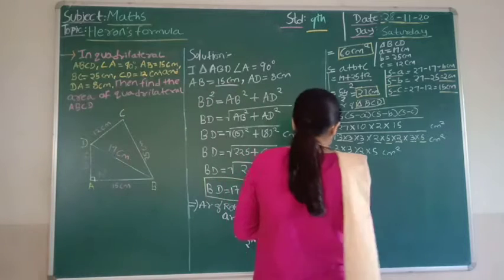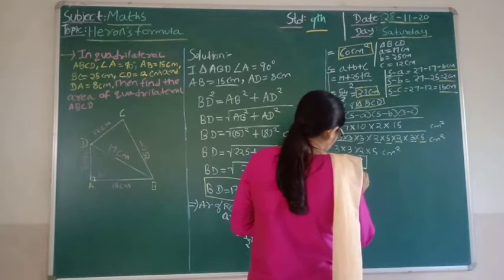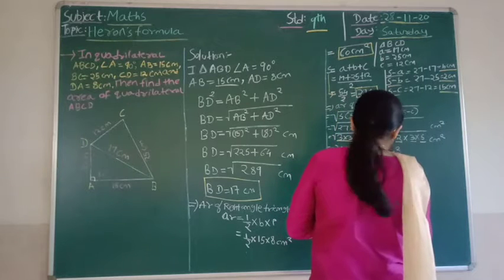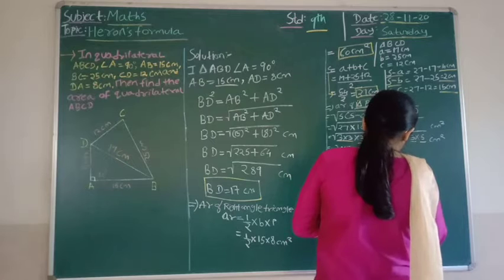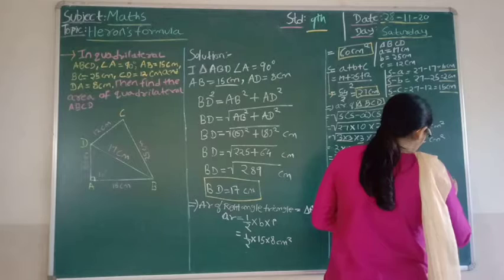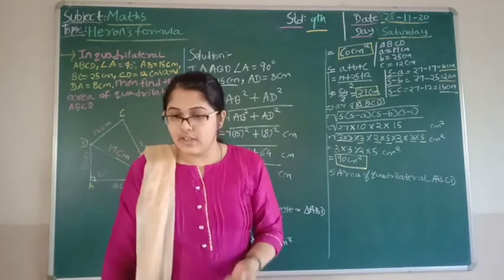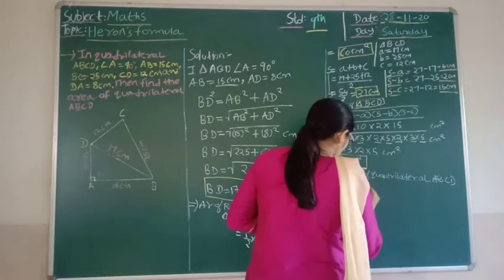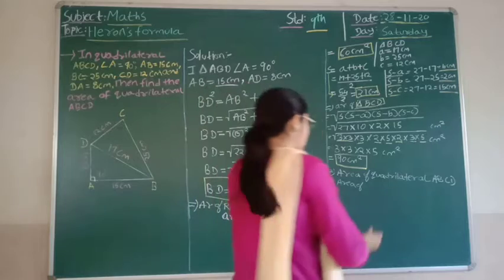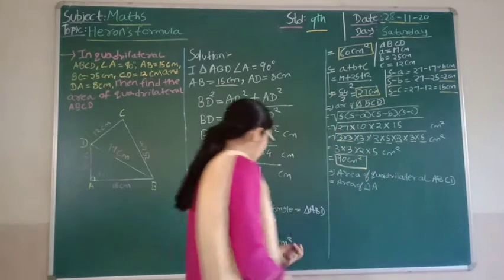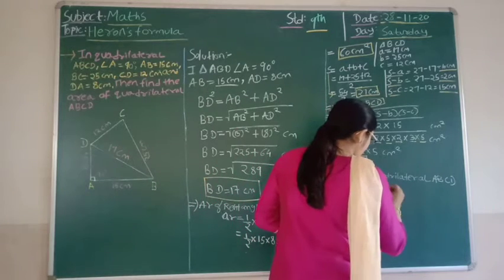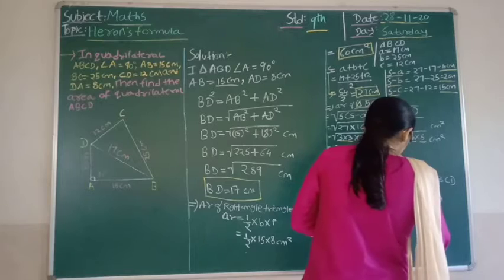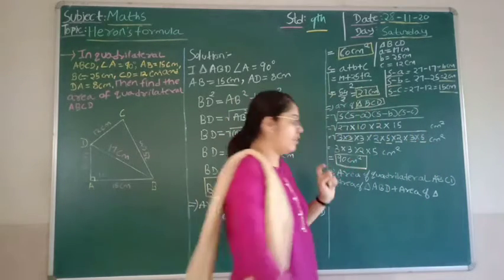So I'll write area of quadrilateral ABCD, and the area we can find is area of triangle ABD plus the area of triangle BCD.